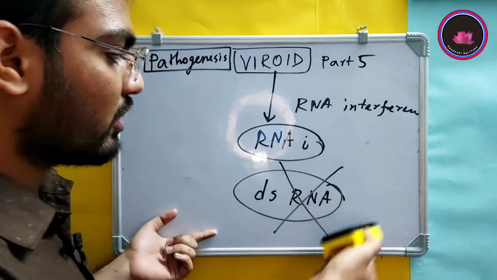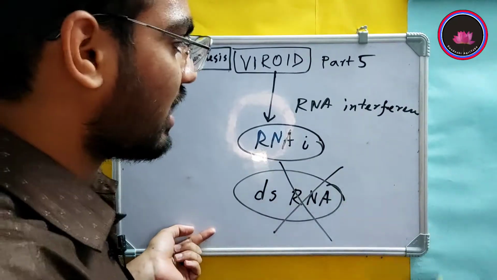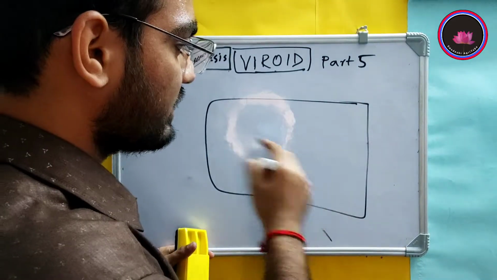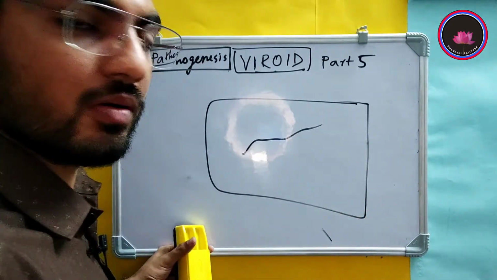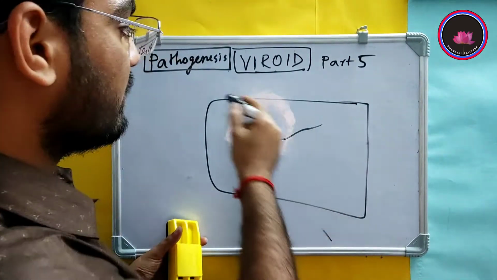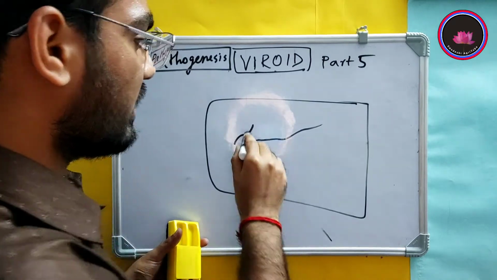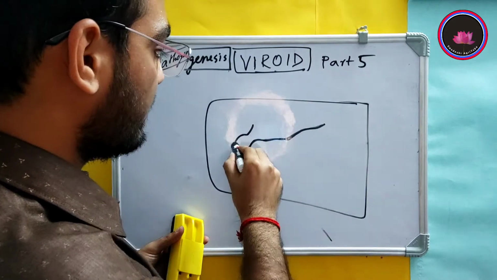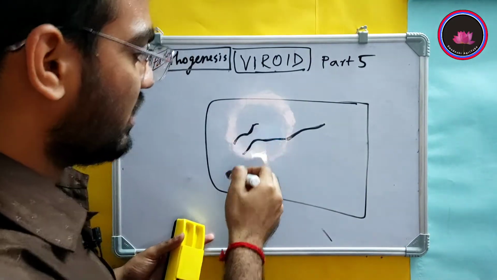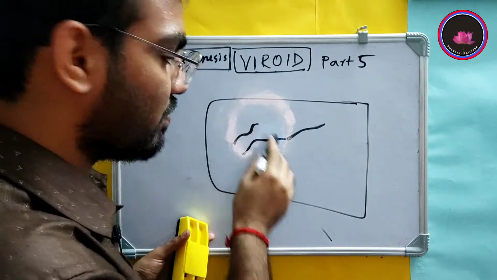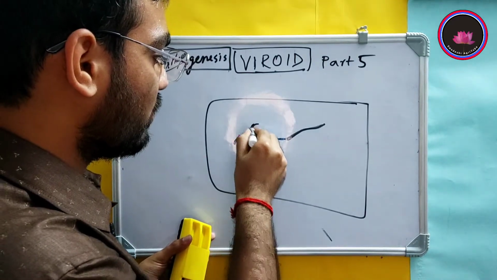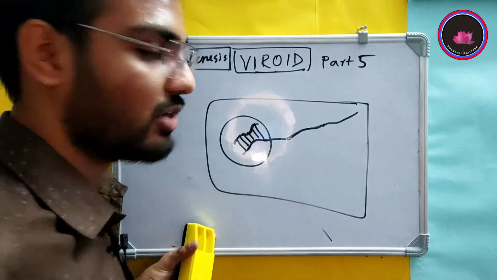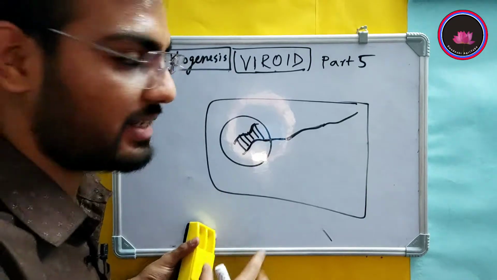Now how will they produce the double-stranded RNA in the host and how will they destroy it? Suppose this is the plant cell and there is the mRNA. Now a viroid infects this host, and this is the viroid. Maybe this mRNA and this viroid have complementary pairs, and they will do the bonding, and this portion is double-stranded RNA.